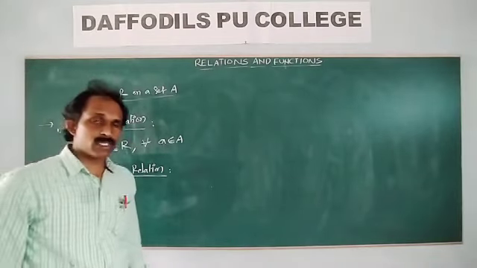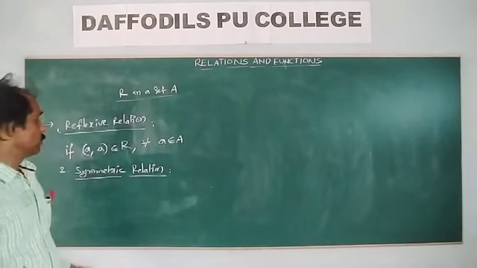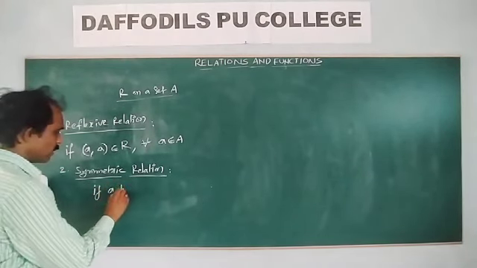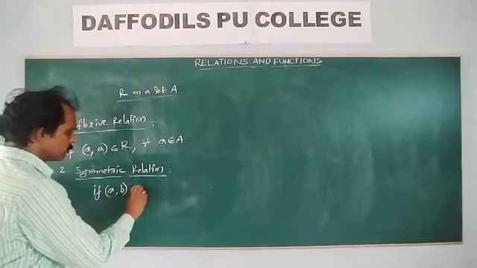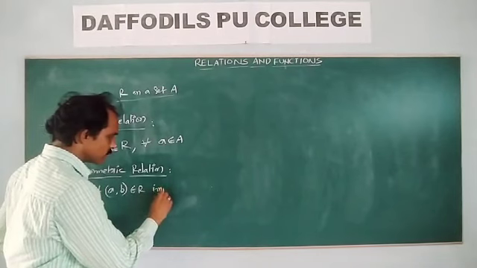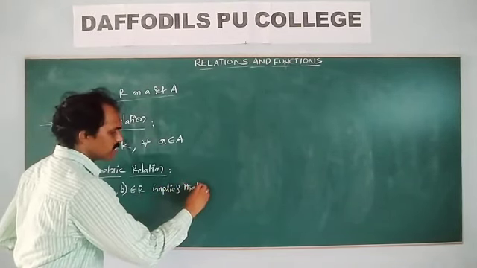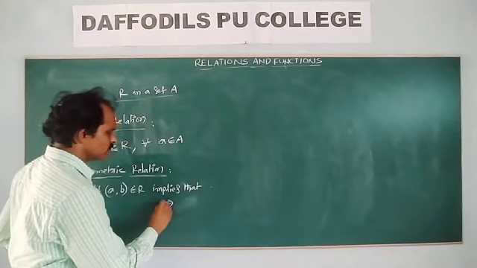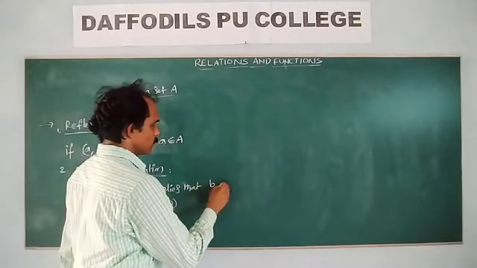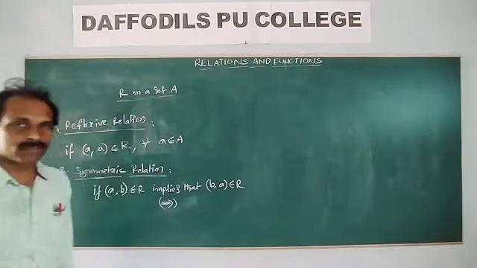A relation R is said to be symmetric on a set A if (A, B) belongs to R implies that (B, A) also belongs to R. You can use the implies symbol, no problem.